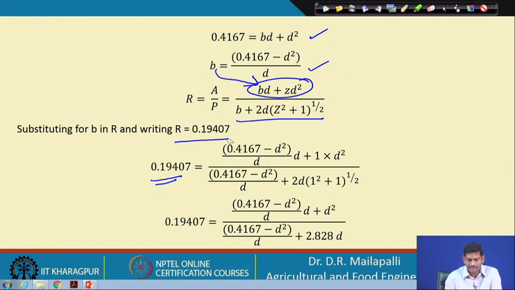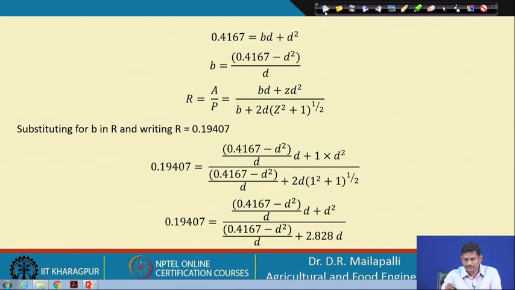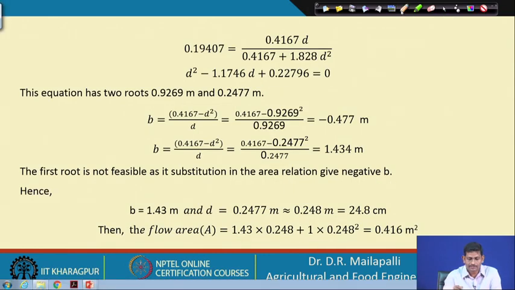Okay, so that you get the B value, and D plus 1 by D square plus, like that. Now, again simplify a little bit. So, after simplification, you get a quadratic equation in D, D square minus 1.1746 D plus 0.22796 equal to 0. So, it has two roots.